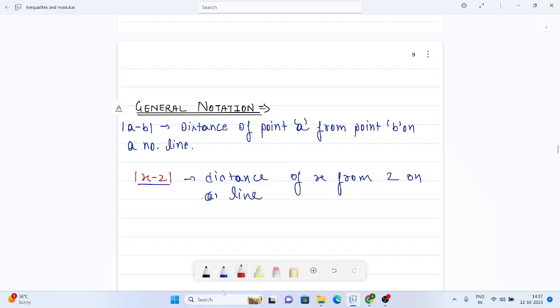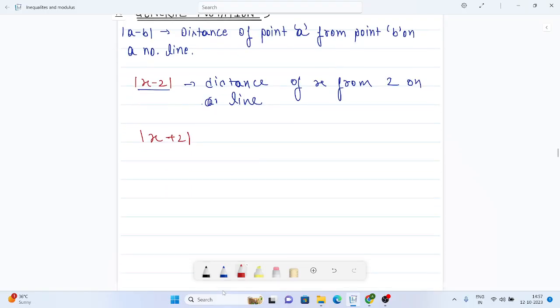Now let's say given mode x plus 2. So how do we interpret this? We interpret this like x minus minus 2. So it is the distance of x from minus 2 on a number line.